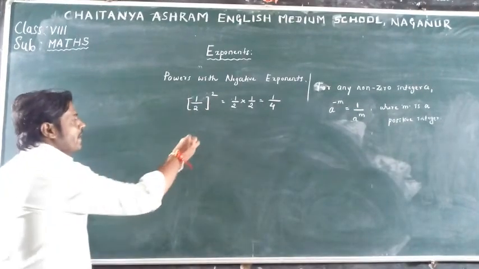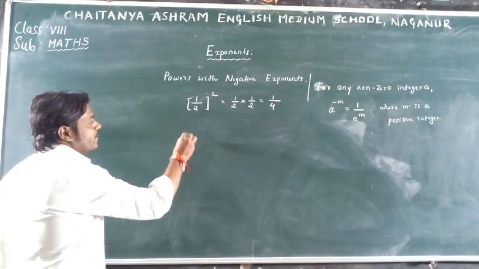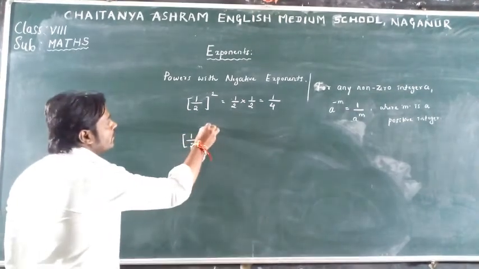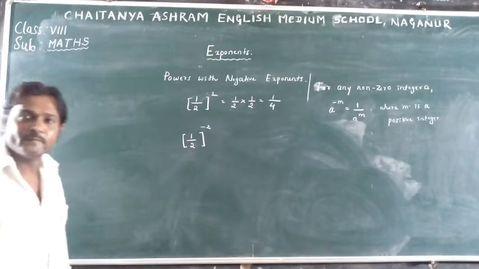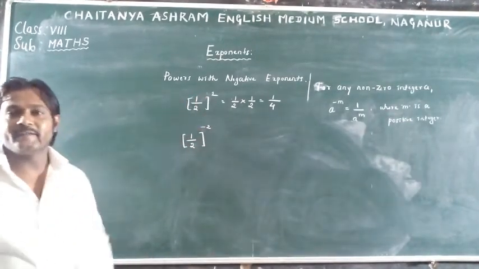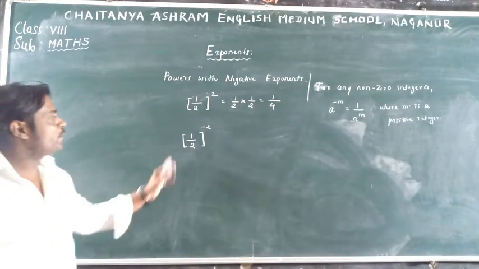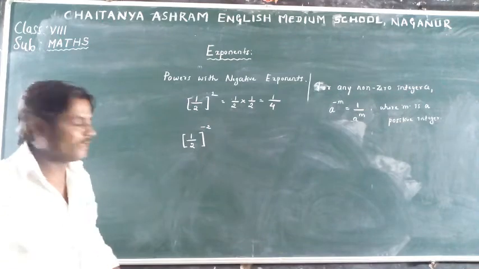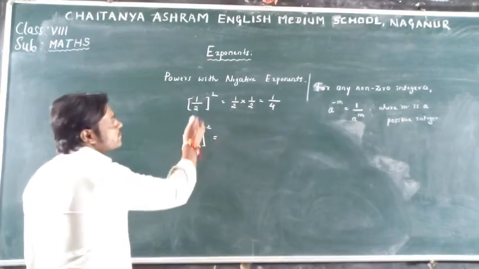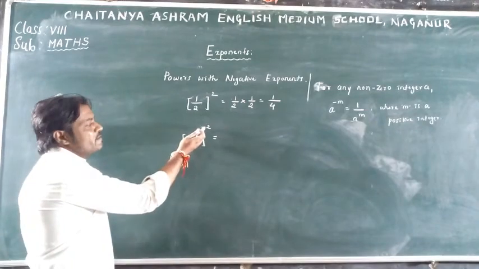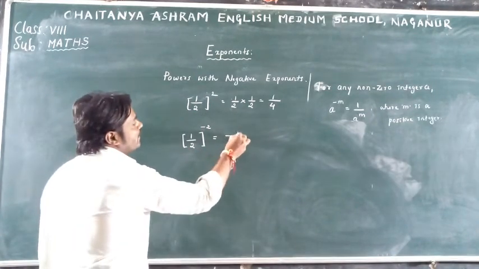This is a fraction with a positive exponent. What happens if I ask you to find the value of 1 by 2 raised to the power minus 2? A fraction with a negative exponent. How to find such a value? Don't use your logic sense, like 1 by 2 raised to the power 2 is 1 by 4, and the only change now is minus 2, so it is maybe minus 1 by 4.